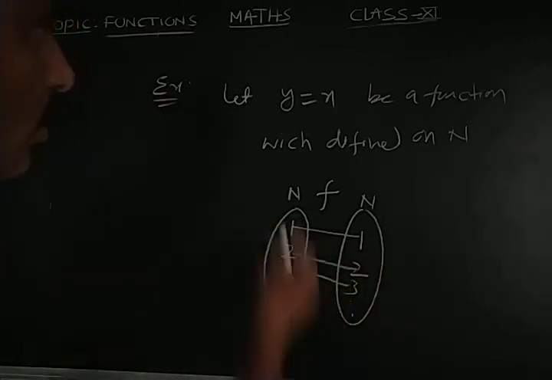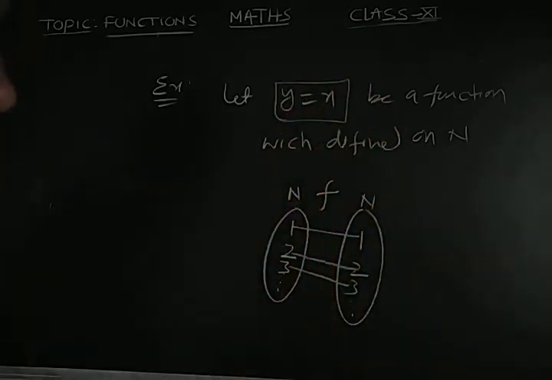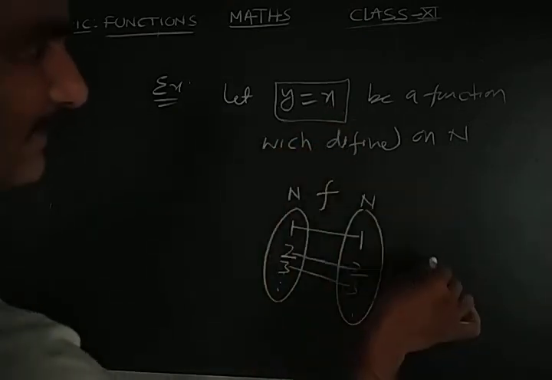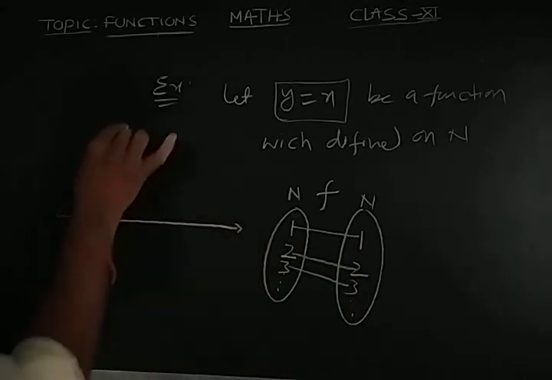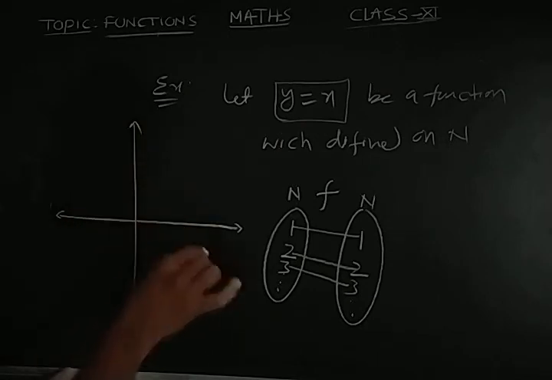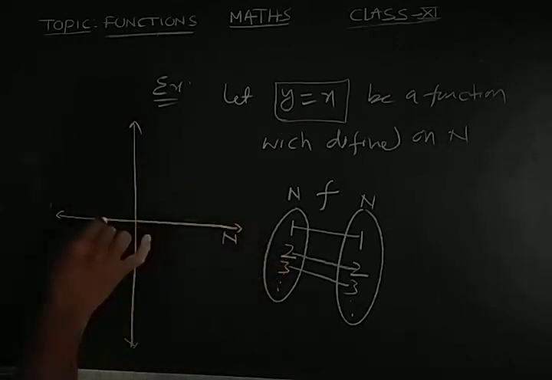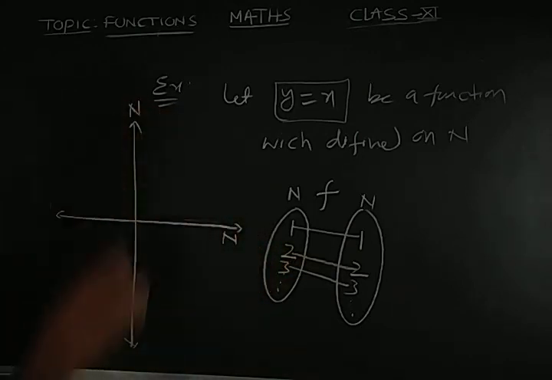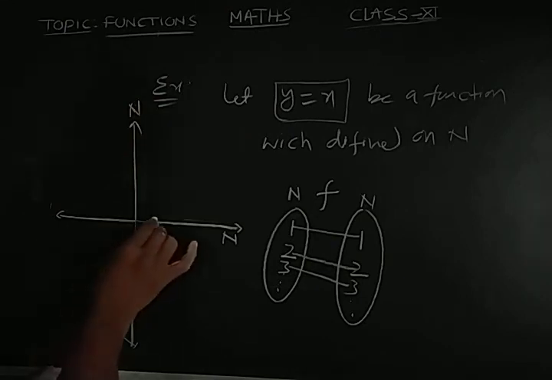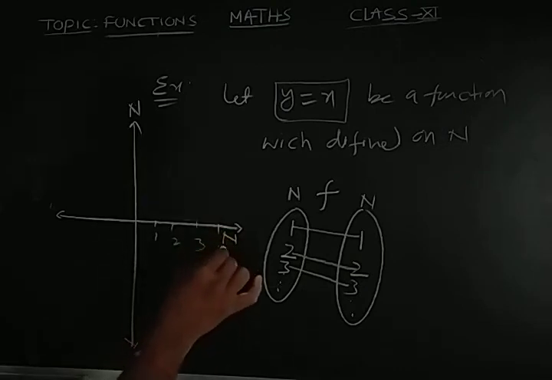Now in the graphical method, how do we represent this function? This is one function, defined by this definition. In graphical representation, treat the x-axis as the domain. So I am taking the natural numbers on the x-axis, and on the y-axis the codomain natural numbers, 1, 2, 3, 4, and so on.